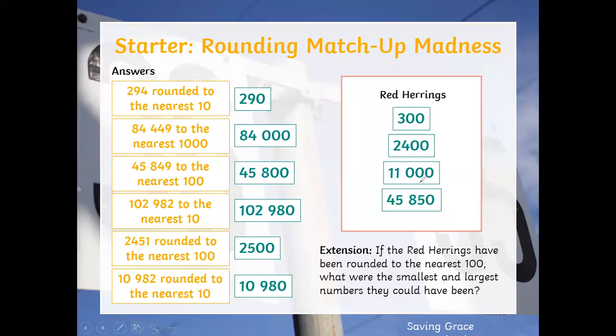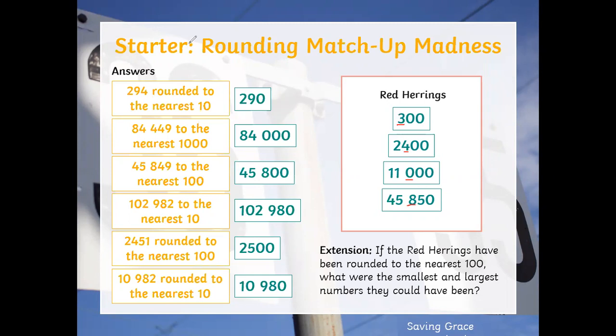Let's round them to the nearest 100. First, let's identify. We have a 300, a 400, a 0, and an 850. So we have to guess what is the smallest or the largest number they could have been.